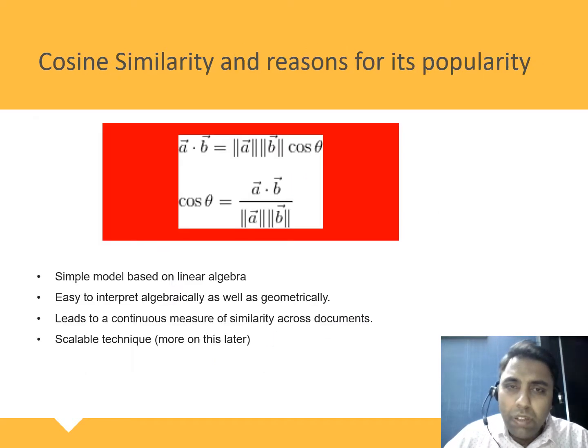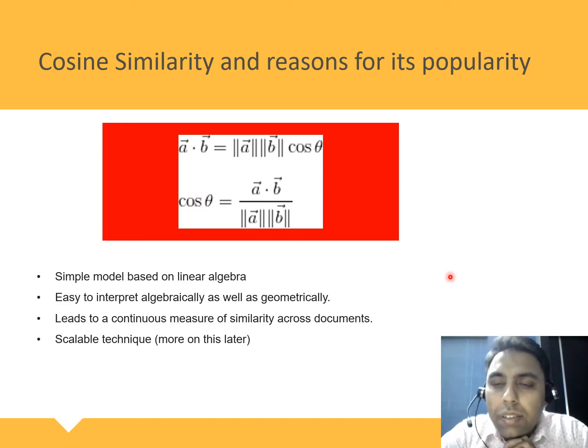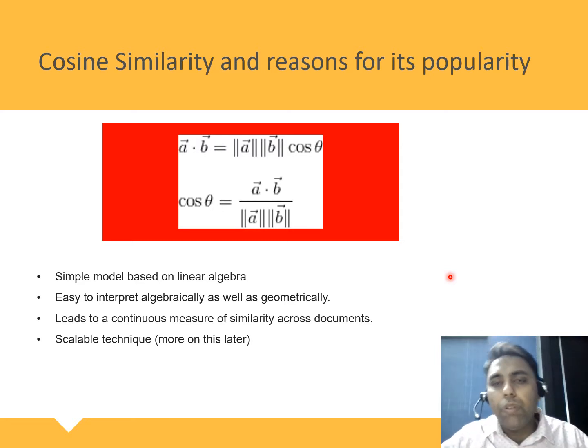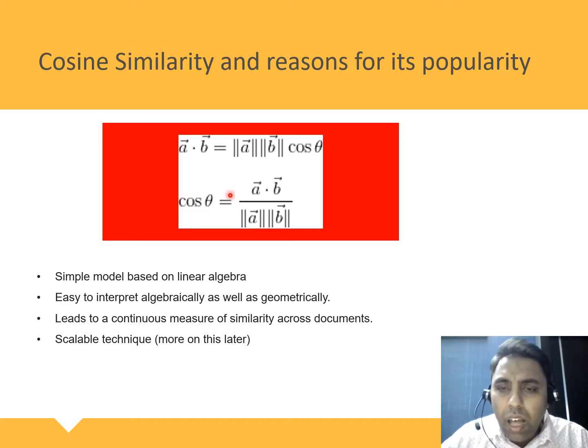Okay, so let's now formalize the definition of similarity, what is often called the cosine similarity between the two documents. The concept actually comes from the dot product of vectors. If there are two vectors A and B, A dot B is nothing but the norm of A and the norm of B times the cosine of the angle between the two vectors. That is how the dot product of two vectors is defined.